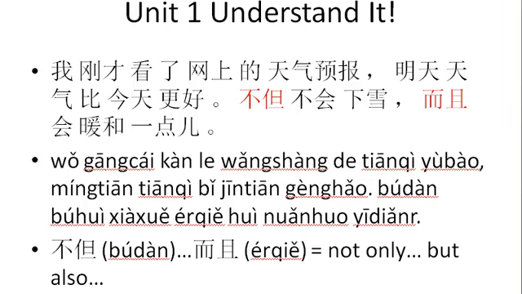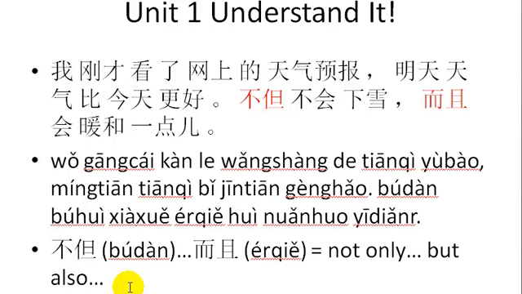Let's take a look. Okay, so she uses this construction 不但 and then some words or phrase, and then 而且. 不但...而且. Okay, so this means not only, but also. So in English, not only is it going to be warmer, but it's also going to be not so windy.